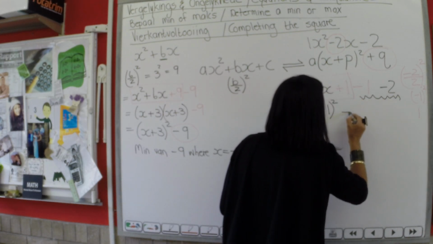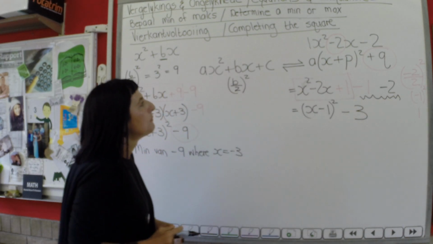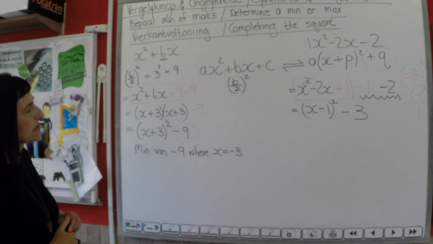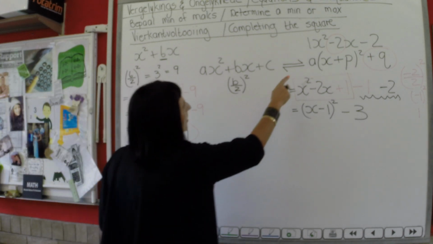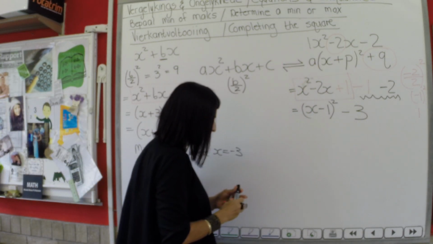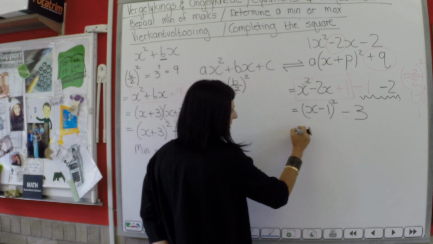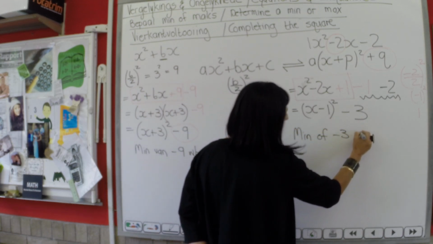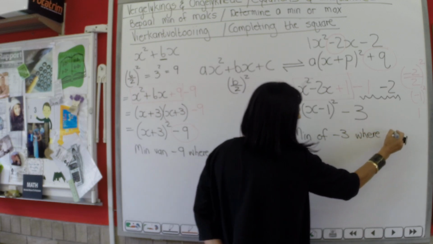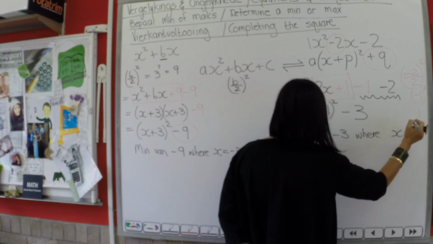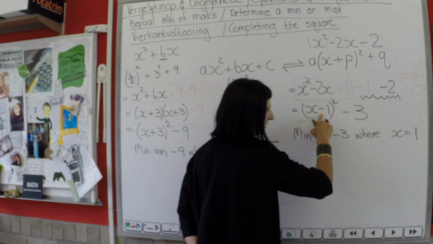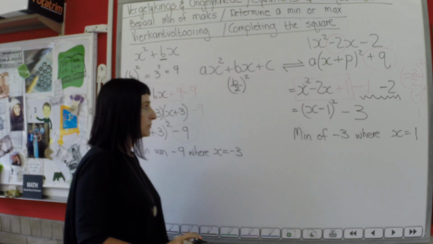The little tail that gives me now my minimum value. Because it's a smiley face. A is positive. So ek het 'n minimum waarde of minus 3, where x equals minus p. En 'n minus 1 gee ek plus 1. So daai teken swaai altyd net om.